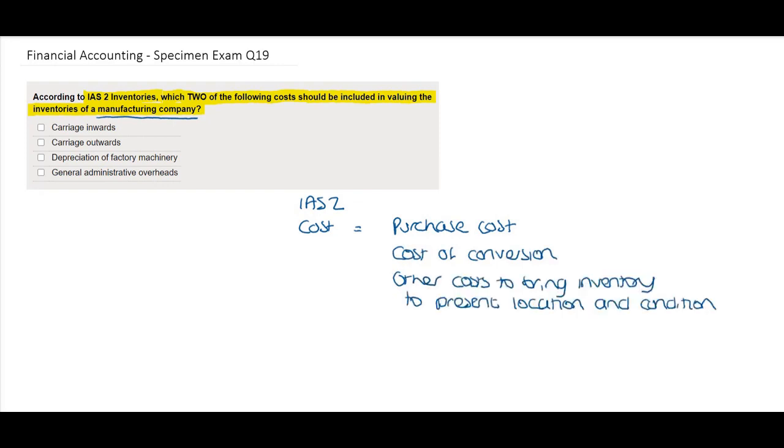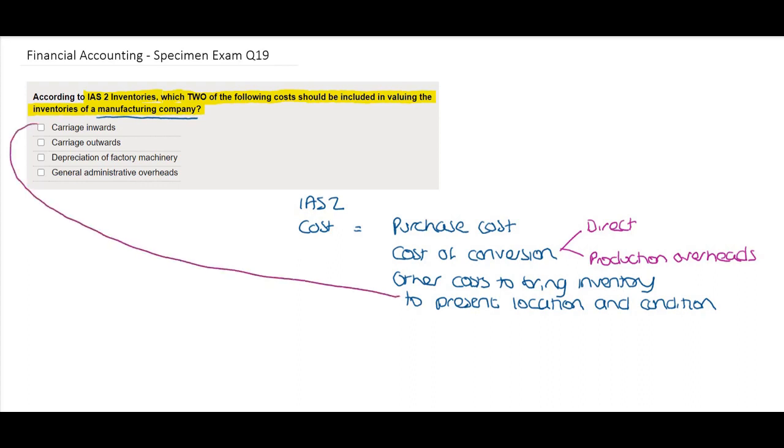Costs of conversion can include direct costs relating to the inventory and also production overheads, such as depreciation on machinery and buildings. We can see from the options given to us that the first one, carriage inwards, relates to delivery costs for goods coming in, and so therefore would apply to other costs to bring inventory to its present location and condition.